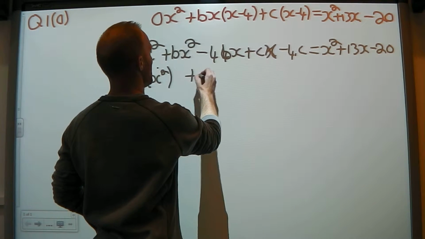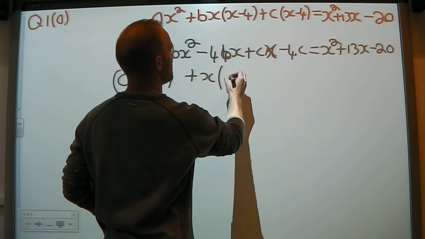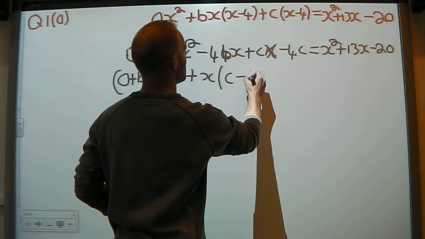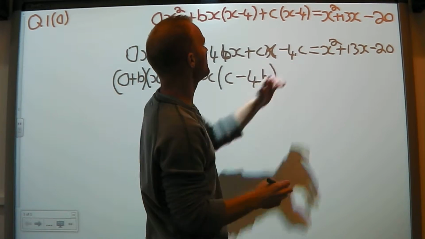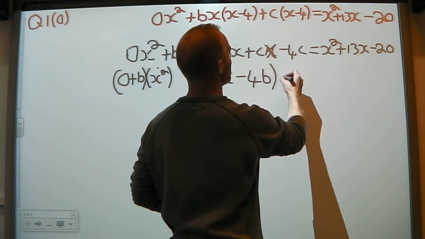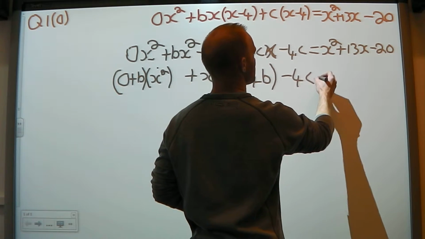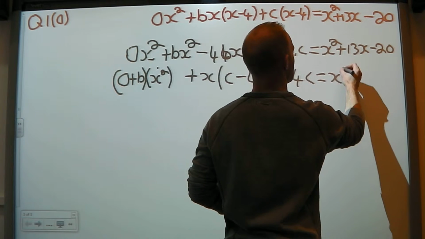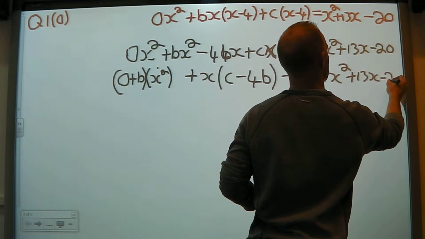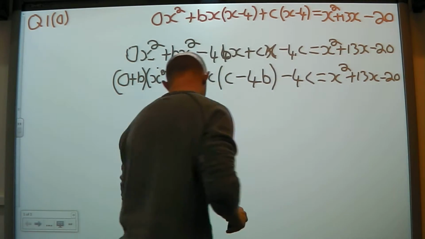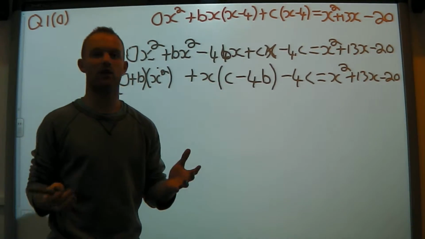So we say plus x into c minus 4b. And then on the end, all we have left is the negative 4c. That's equal to x squared plus 13x minus 20.